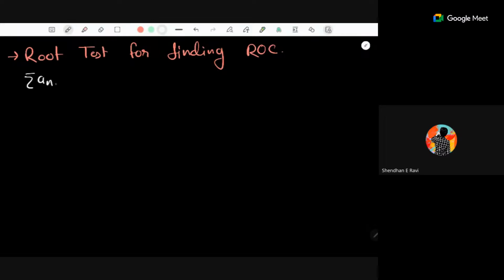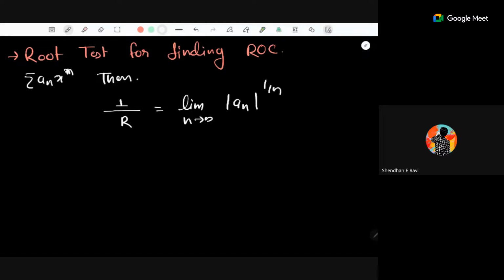Now we have a root test, similar to whatever we have discussed earlier, to find the radius of convergence of a power series. So let's see what that root test is. If we have a series summation a_n z to the power n, or x to the power n, then the radius of convergence, 1 by r, is nothing but limit n goes to infinity of modulus of a_n to the power 1 by n.